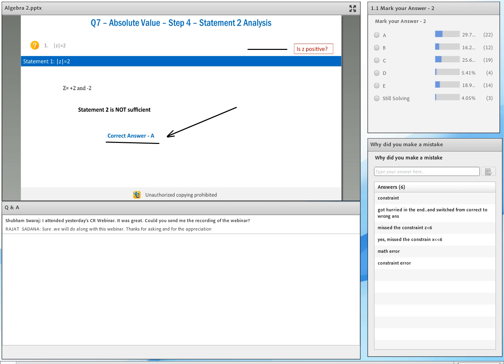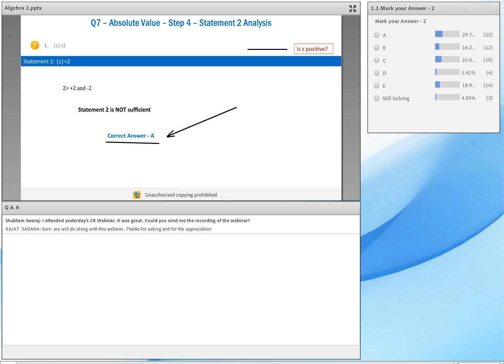Before you go into solving that question, read the question, understand the statements, and understand what they're really saying. The next question is going to be a 700 level question, so I would want you to be careful and slow, because if you're slow, you're going to understand the question and be able to arrive at the correct answer.